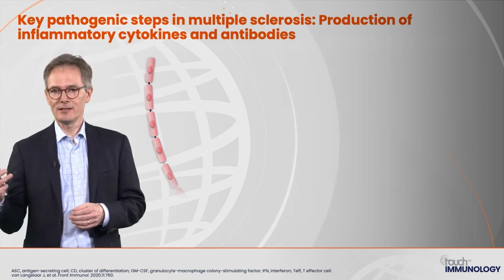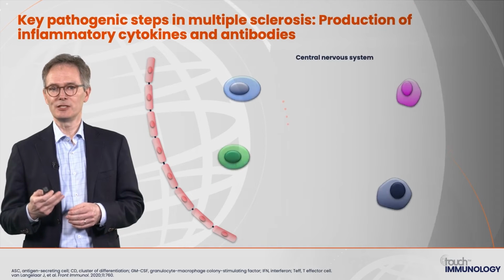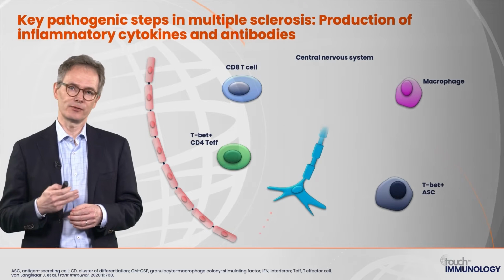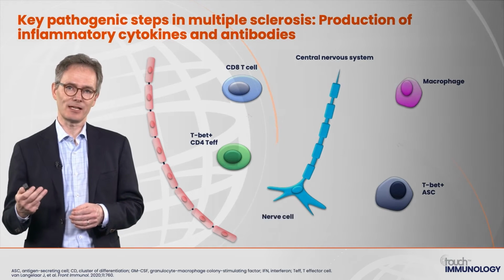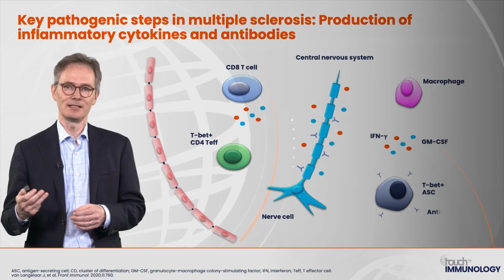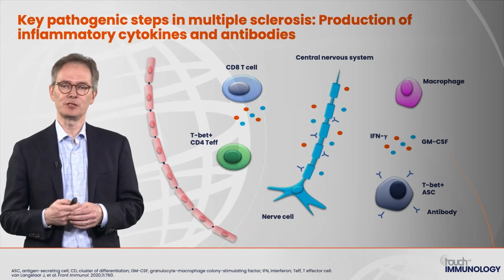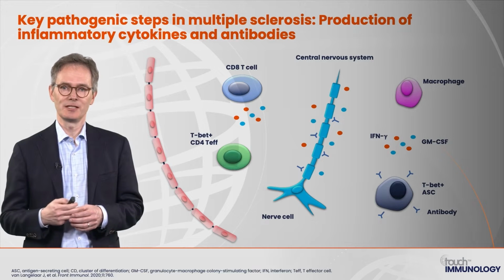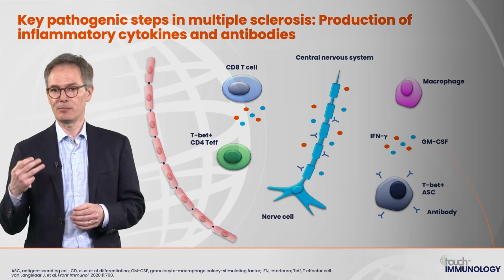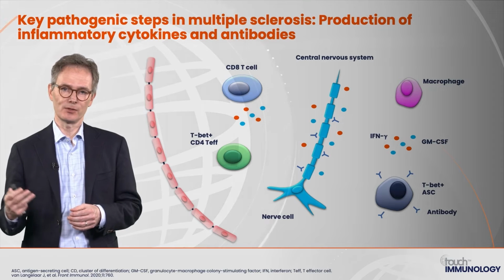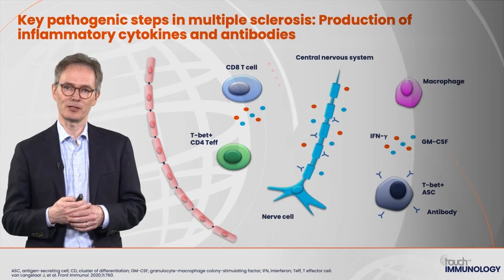And together, they then lead to an inflammation in the brain by production of different cytokines, by a direct attack of CD8 T cells against the neurons, by reactive oxygen species produced by macrophages, by antibodies that bind to oligodendrocytes, neurons, astrocytes, and so on, and activate complement.